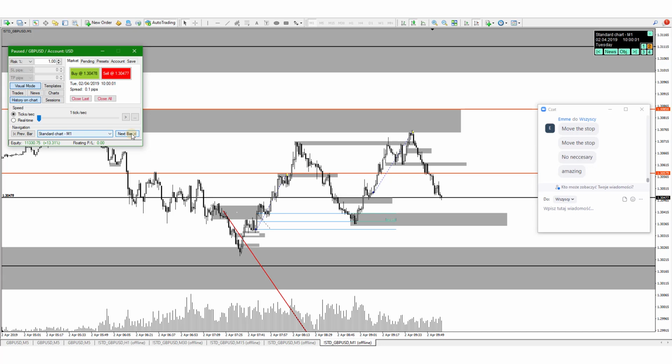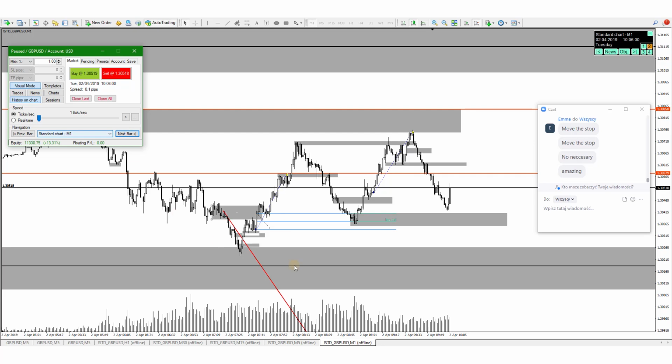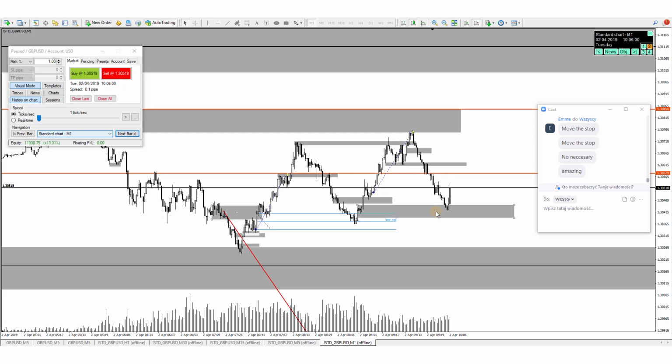Quiet group, guys. Ooh, it rejected differently, so maybe my zone should be here. Yeah, with the strong.